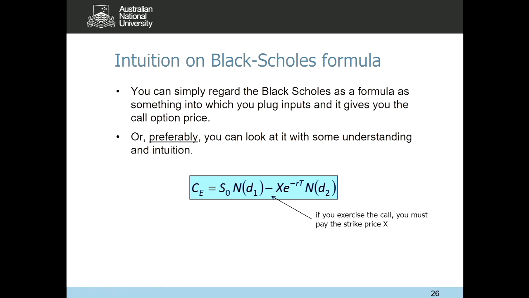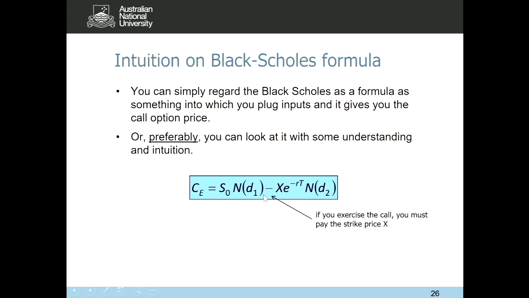First, let's think about what the call option is. If you exercise the call option, it gives you the right to buy the underlying stock at a strike price X, right? And when I look at the back end of this equation, I see this minus sign here. The minus sign is telling us that if we decide to exercise this call option, we are going to pay the strike price.